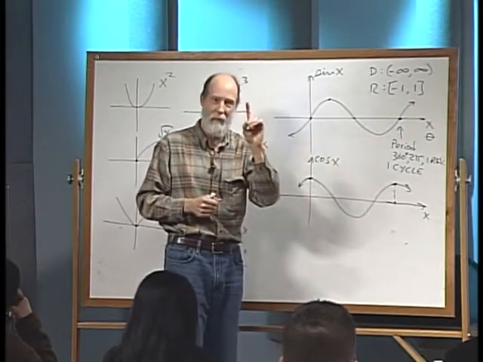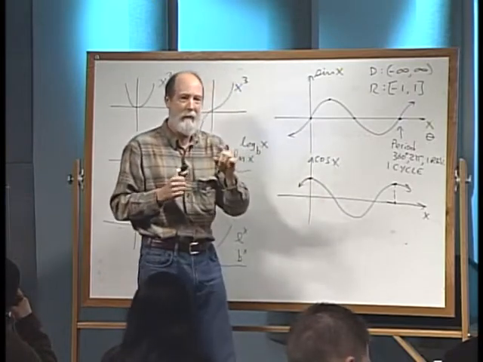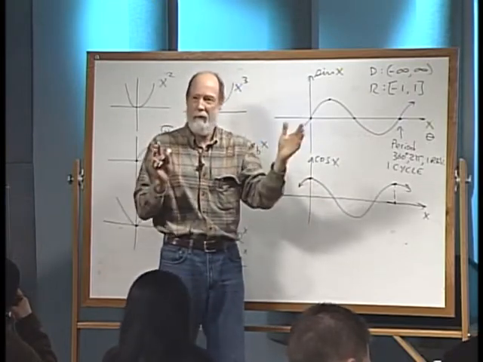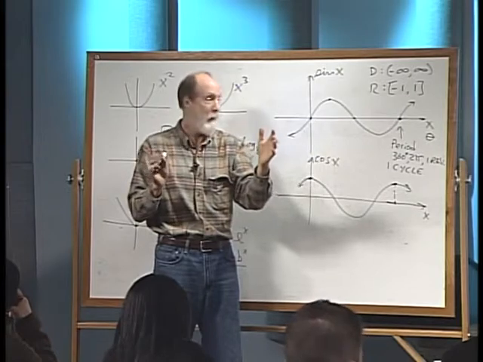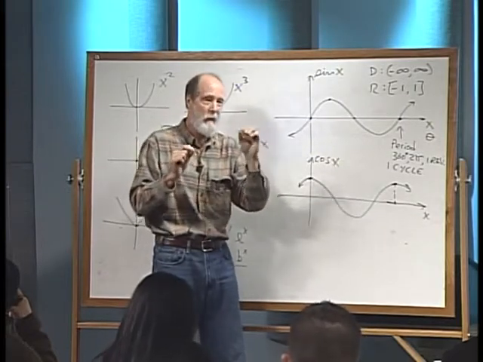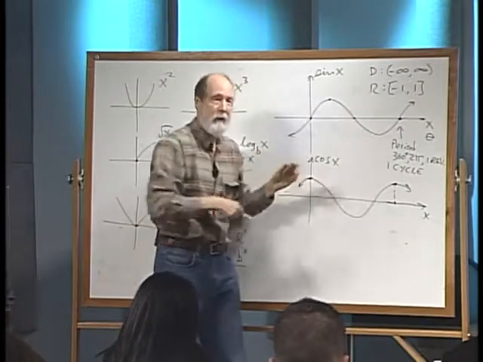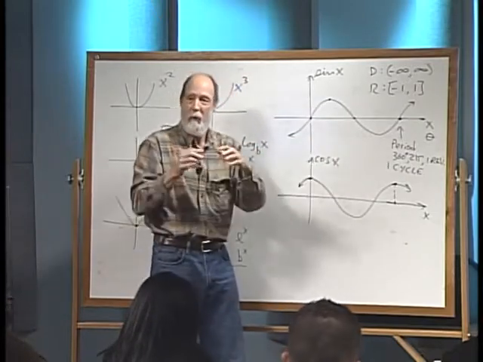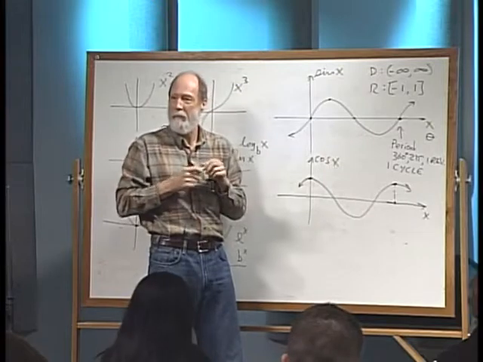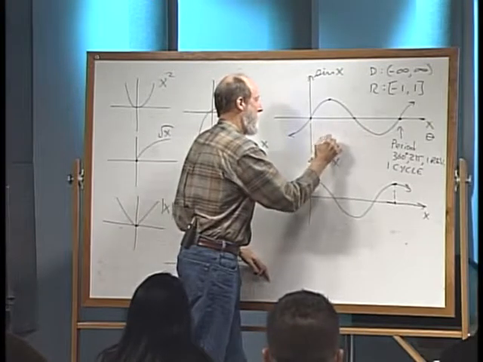That word should stick in your brain. That means whatever field you're applying this mathematics to, you're applying a model that behaves like this, either one of these, to whatever data you've collected. It's called a sinusoid.